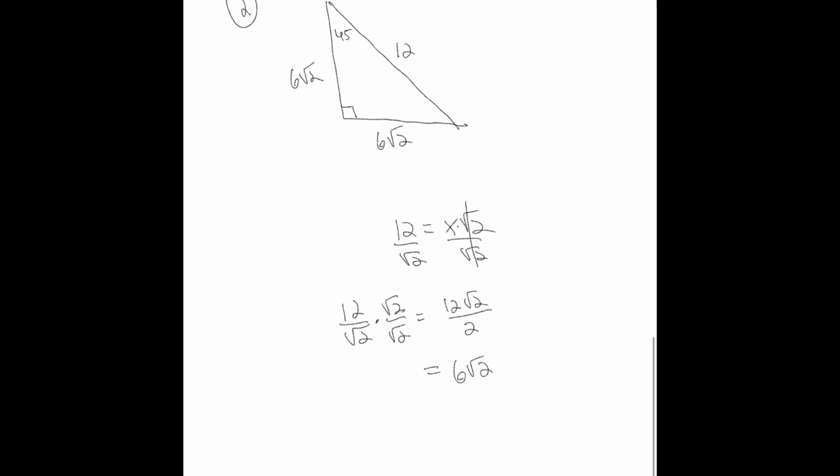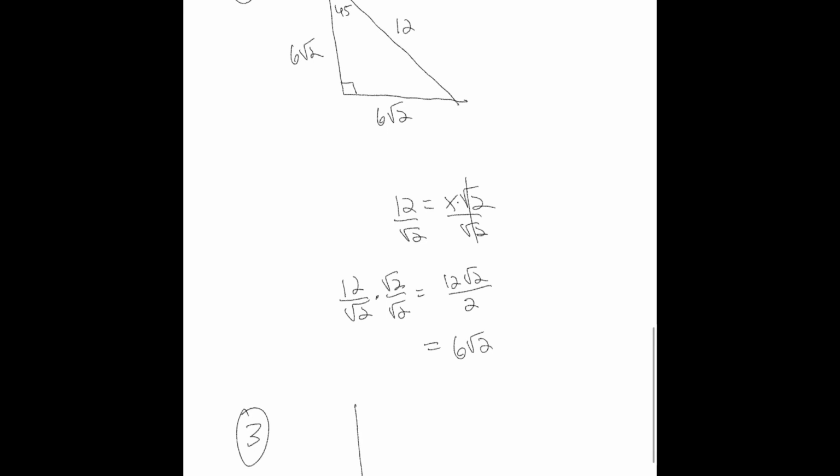Okay, and I want you to see this pattern. See if you can see the pattern. I'm just going to give you another one. Let's say it's a 45, 45, 90, and the hypotenuse is 8. What do you think the leg lengths are?